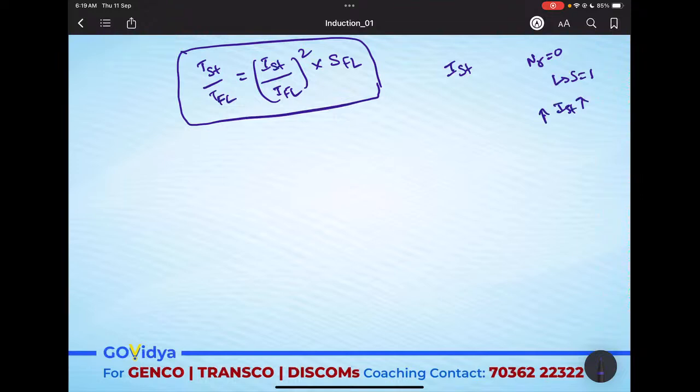By using different methods of starting, we reduce the starting current. One of those methods is the auto transformer method, which reduces the starting current to x, where x is the percentage tapping.